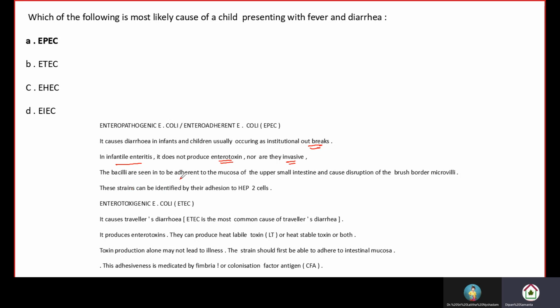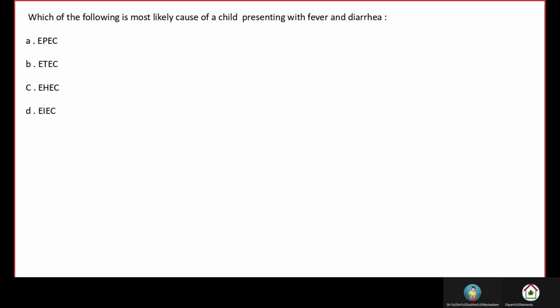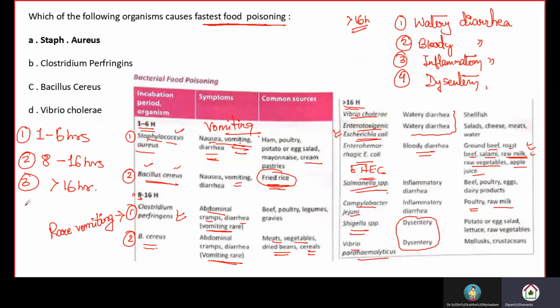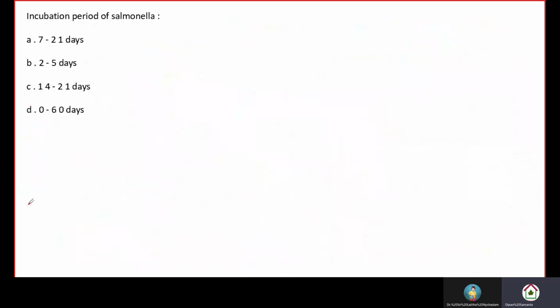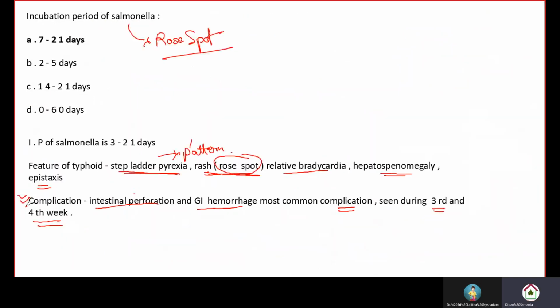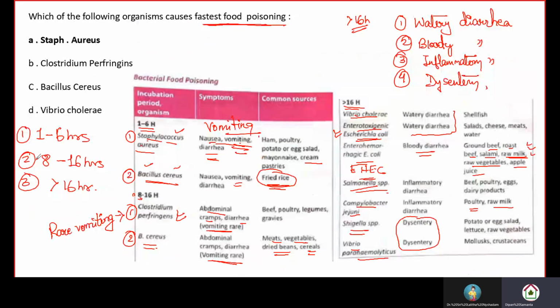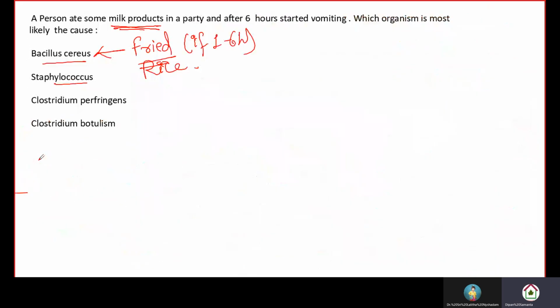Now, this topic is another important one. One is the bacterial curve. Then we got bacterial food poisoning, and also the diarrhea type and emetic type, all the Staphylococcus food poisoning, and all the food poisonings and their symptoms and sources.